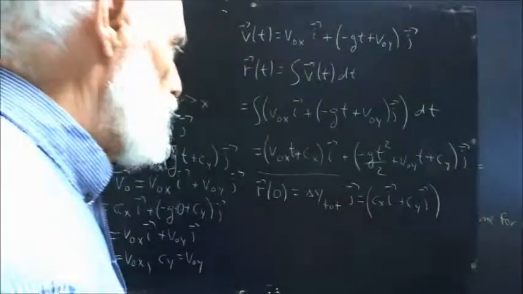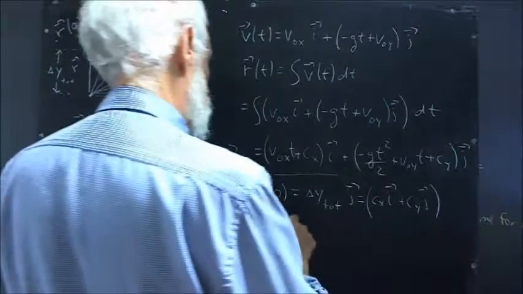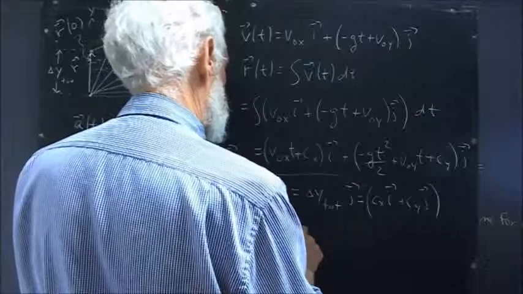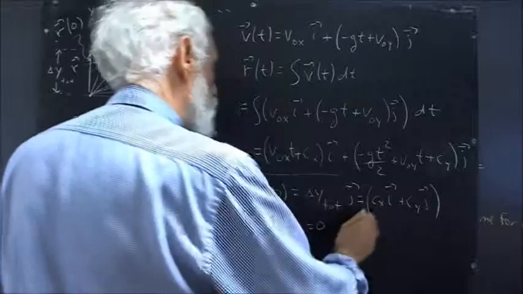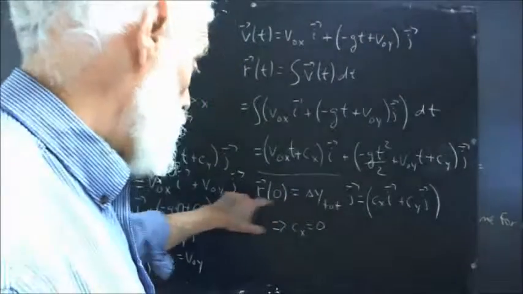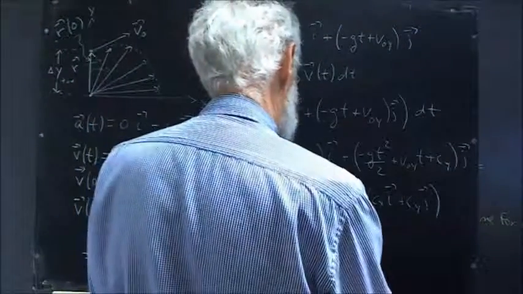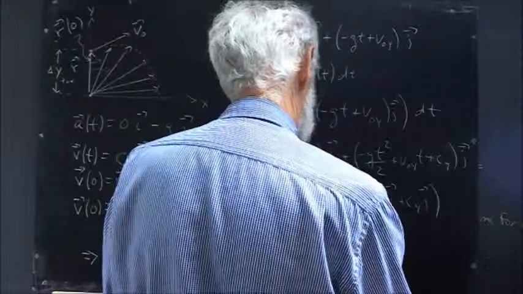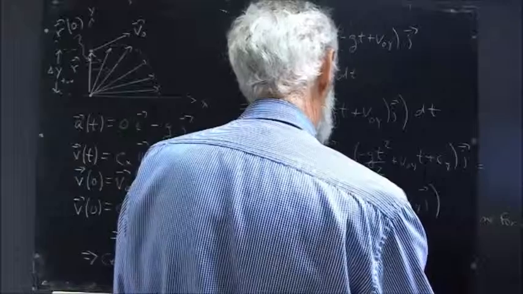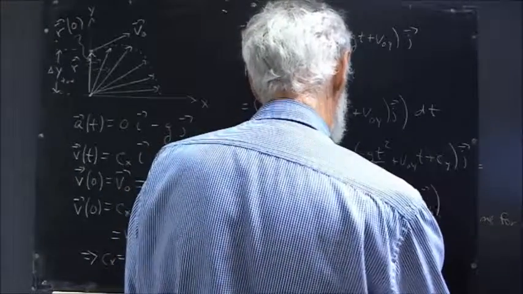So it equals cy j. Well, that implies that cx has to equal 0 because we've got a 0i component for r of 0, and cy is going to equal delta y total.